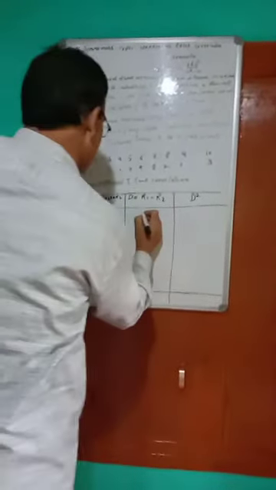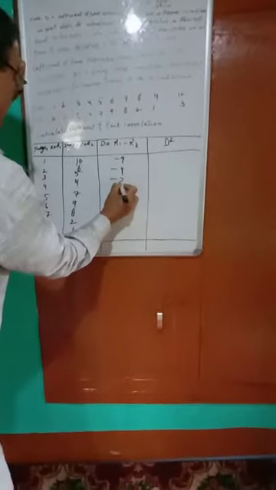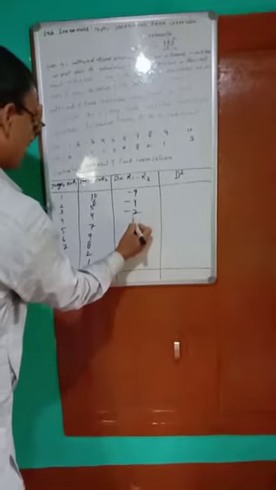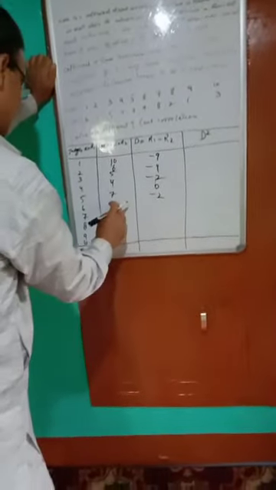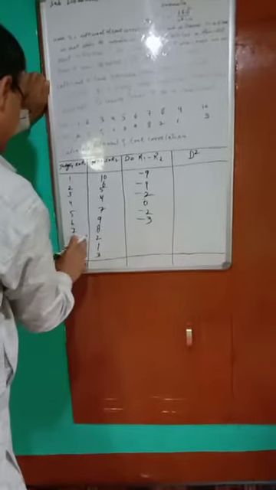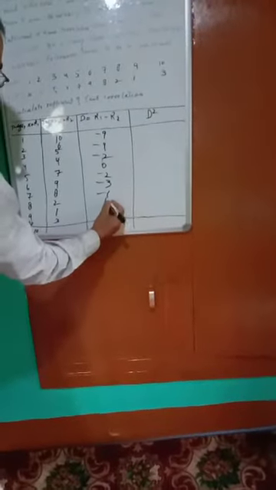Subtracting 10 from 1 gives minus 9. 2 minus 6 is minus 4. 3 minus 5 is minus 2. 4 minus 4 is 0. 5 minus 7 is minus 2. 6 minus 9 is minus 3. 7 minus 8 is minus 1. 8 minus 2 is 6. 9 minus 1 is 8. 10 minus 3 is 7.